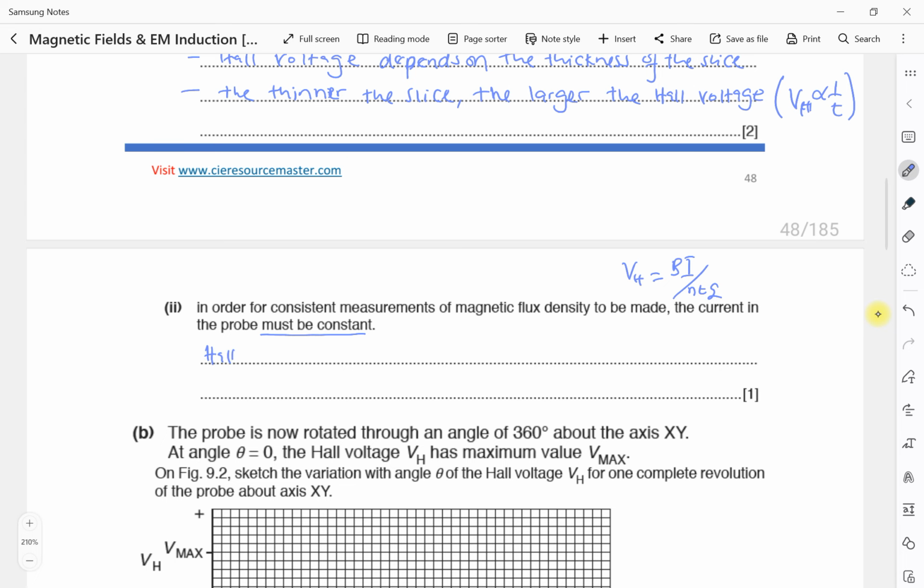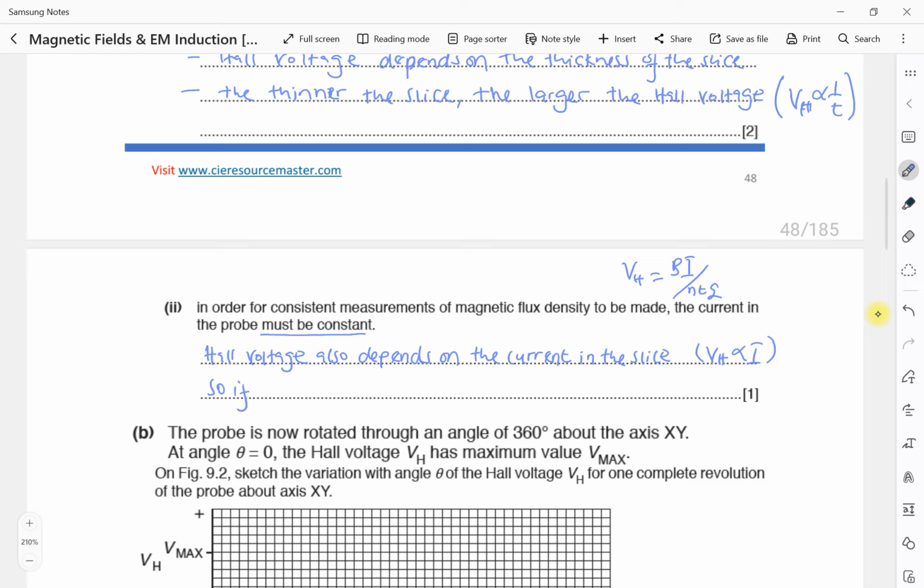V_H is directly proportional to the current. So if the current is not constant, the Hall voltage will not be constant. Keeping the current constant, the Hall voltage is not going to be affected.